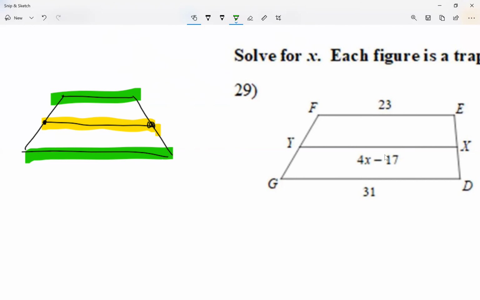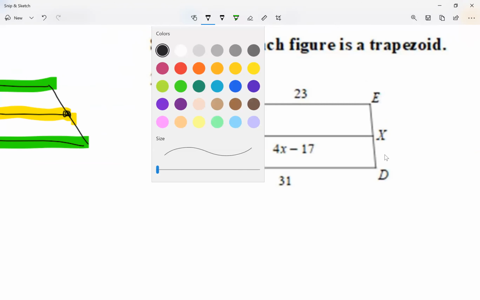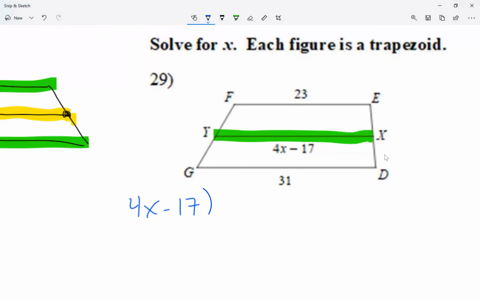All right, Mr. Leonzo, what do you mean with that? Let me show you an example. So let me identify the mid segment here. The mid segment is this side, this thing right here. So I'm going to go 4x minus 17, all of this multiplied by 2.